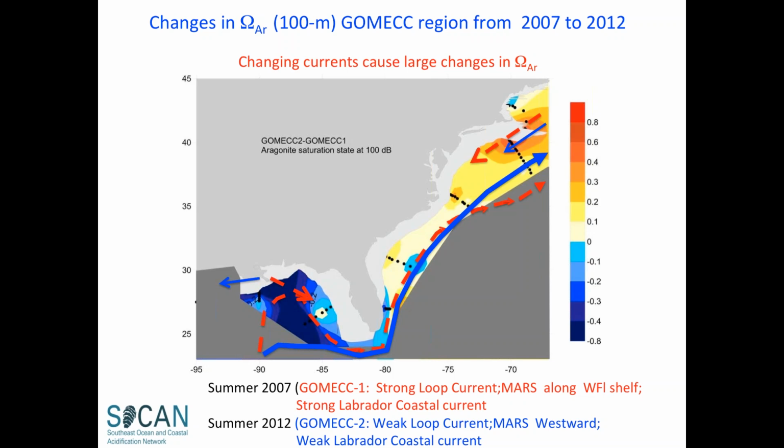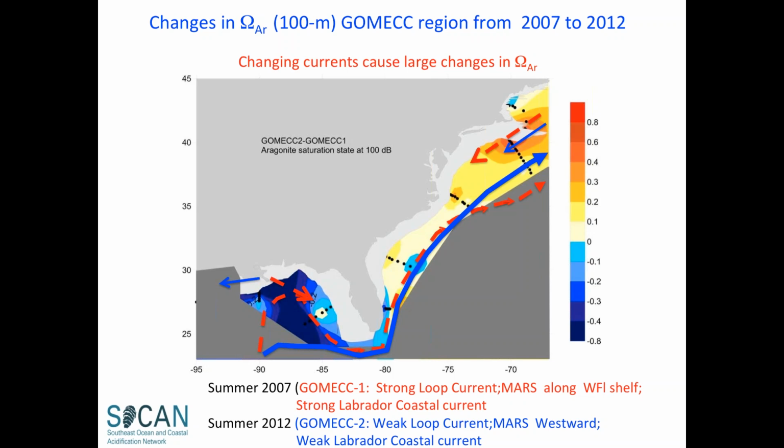And then these waters were entrained into the Gulf Stream system, and at the northern part we have a southward flow coming from higher latitudes, mostly going over the shelf. This is the Labrador coastal current, which was relatively well developed in 2007.